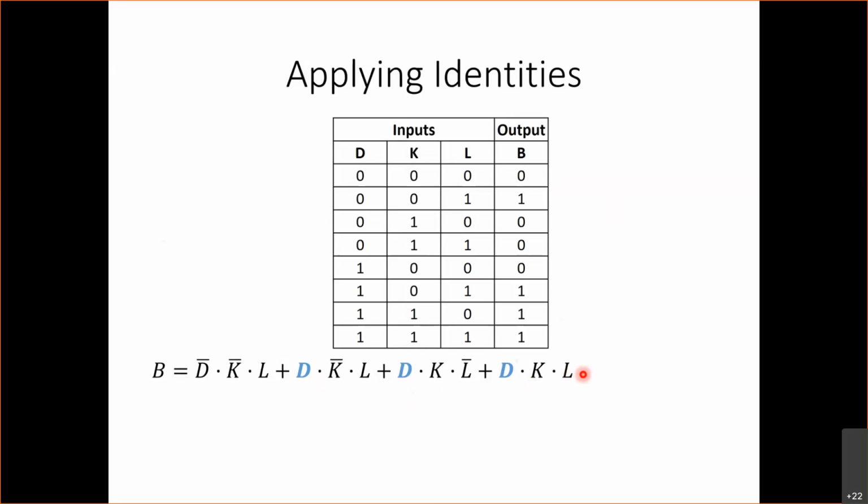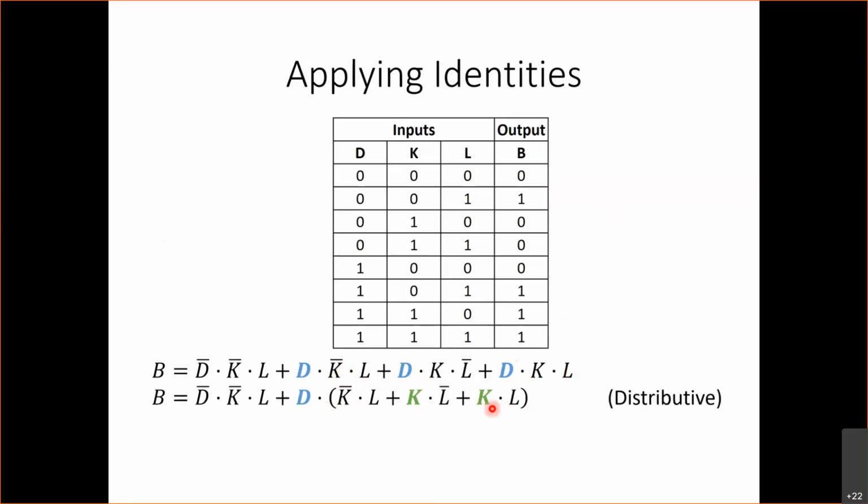Right, somebody said factorize. I think you mean apply the distributive rule, exactly. So we can take D out and we have D and then the remaining parts of these terms: not K and L, or K and not L, or K and L.